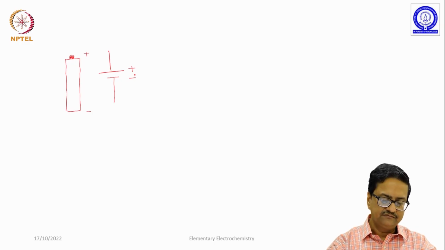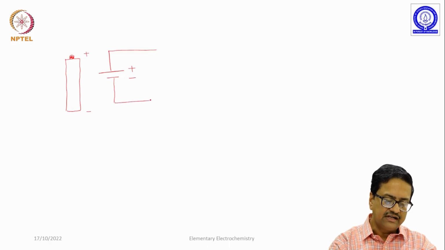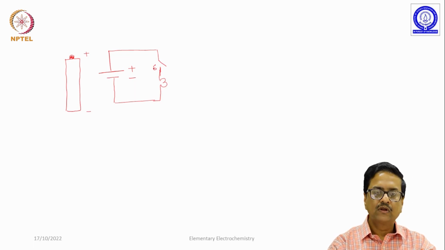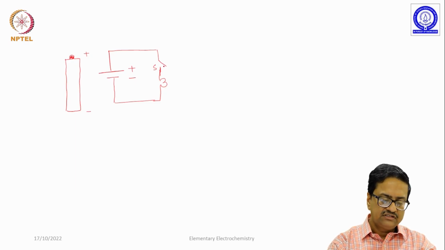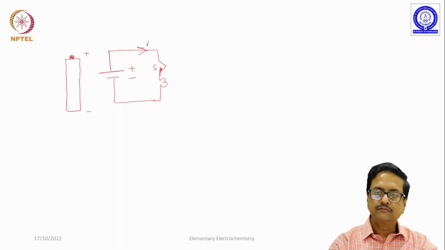of a battery. What happens if you connect this battery through a circuit and connect it to a bulb with a switch S? When you close this switch, the current flows. As a result, the bulb glows.